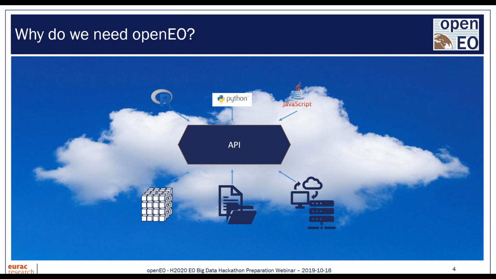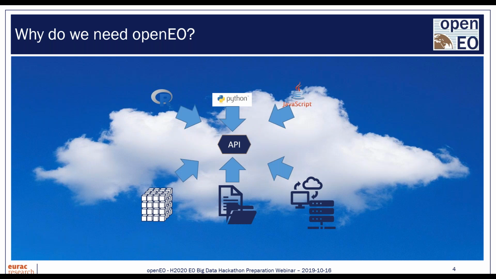This again also leaves us the possibility that we are not anymore locked to a specific vendor here, because now if we talk through this API and we do something, I don't know, on the Amazon cloud or on the Google Earth Engine, in theory, if both of them work with this API in the middle, then we as a client don't need to change our code. We just can change the endpoint.